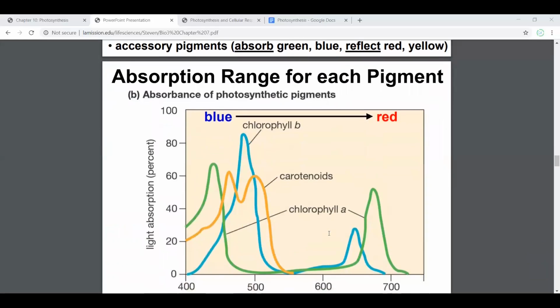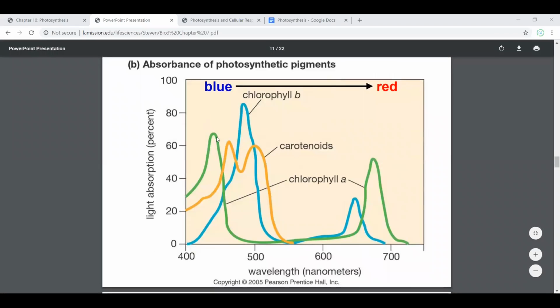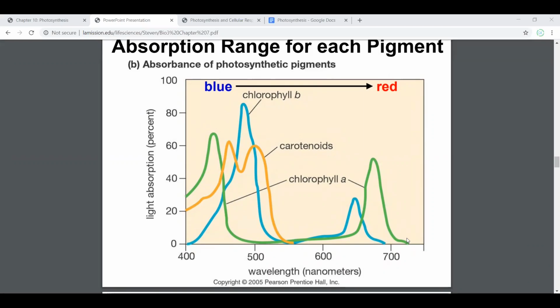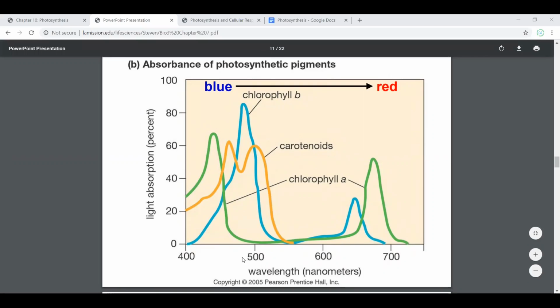So this is what we call the absorption spectrum. The absorption spectrum shows what color of light these pigments will absorb. So this green line here shows chlorophyll A. Chlorophyll A is kind of like the bigger one out of chlorophyll A and chlorophyll B. Chlorophyll A absorbs pretty much all ranges of light.